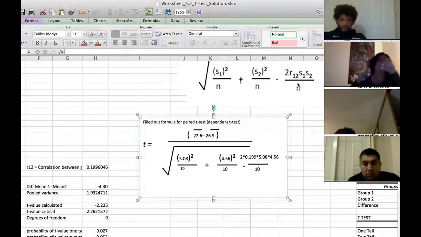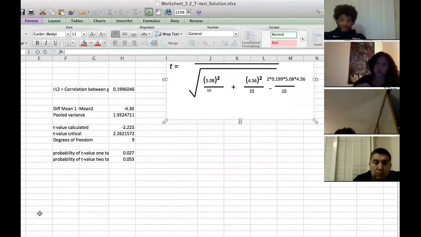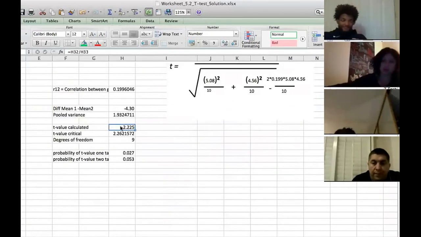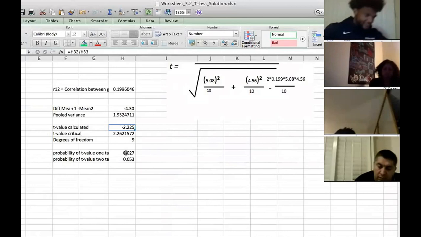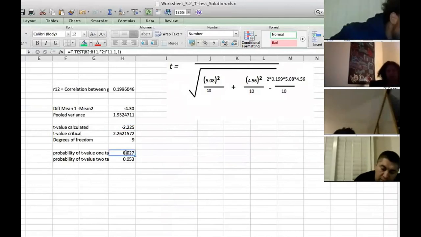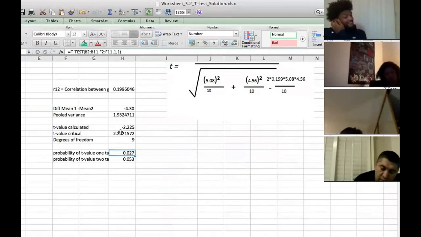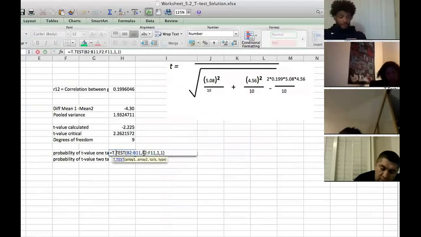So now we have a t-value calculated, and from here it's the same principle again. Either you calculate the probability with the DIST formula, or you use that t-test formula that's incorporated in Excel.